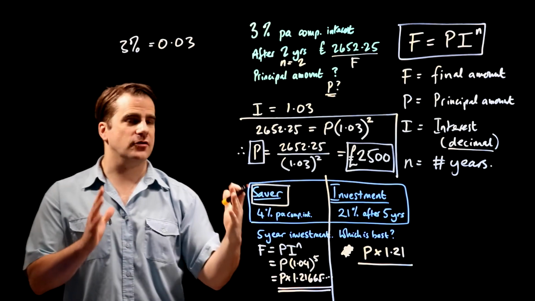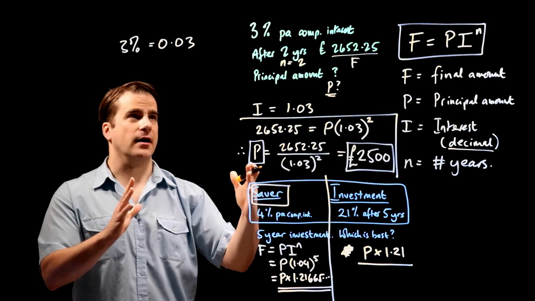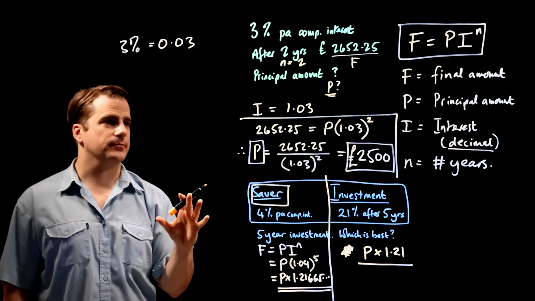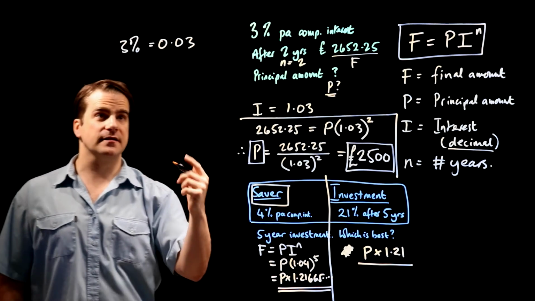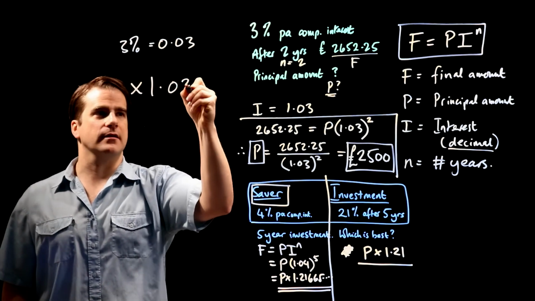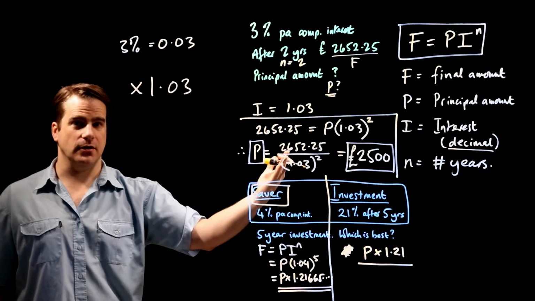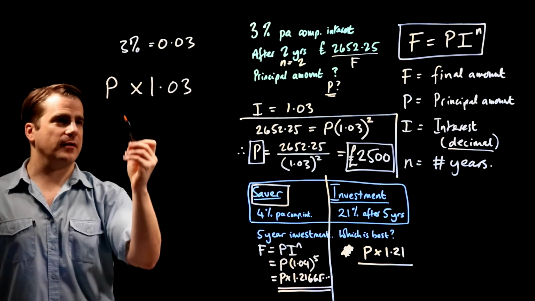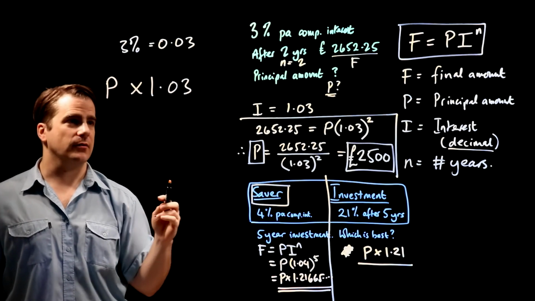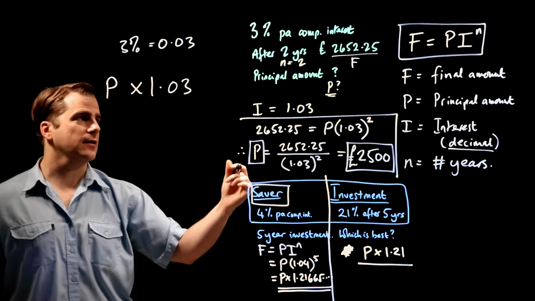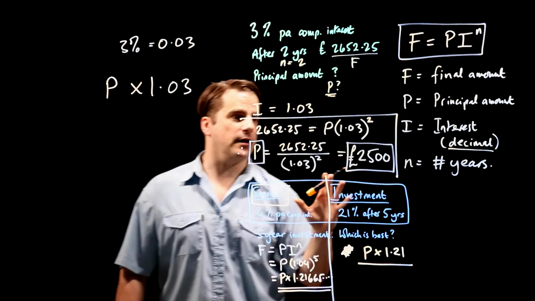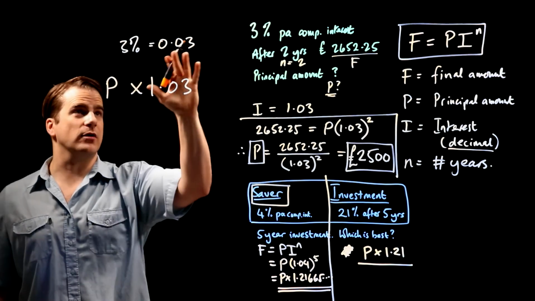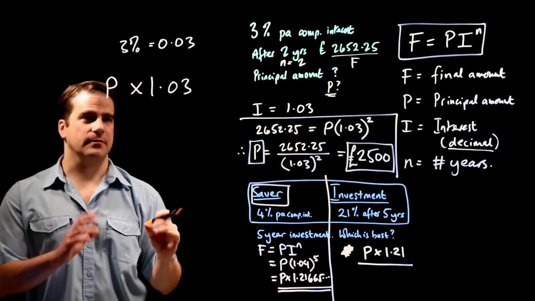So if you're increasing your money by 3% every year, it's an increase of 0.03, which means you multiply by 1.03 to get the new value. So after 1 year, if you multiply the principal by 1.03, you'll have the amount after 1 year, okay? So in the PIN formula, don't write 0.03 there. You have to add 1 to whatever the percentage value is.